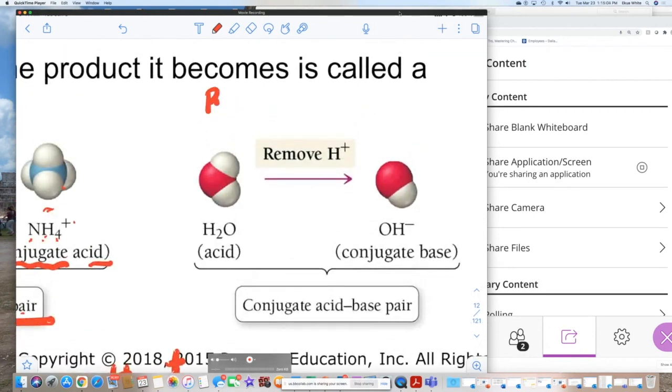In the definition of Bronsted and Lowry, any chemical that has the ability to donate a hydrogen ion is classified as an acid, even ones you wouldn't have classified as an acid in the previous definition. According to Arrhenius, is water an acid? No, water is never an acid. But according to Bronsted-Lowry, water is an acid if it is donating the proton.